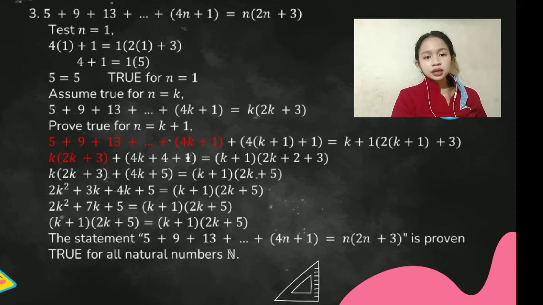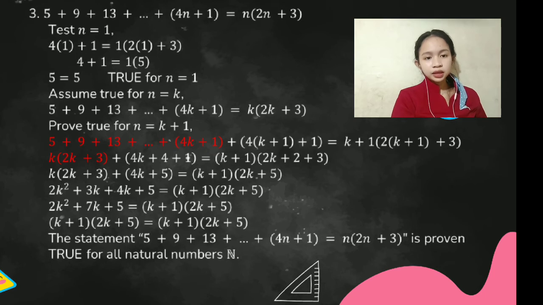So, k, the quantity of 2k plus 3 plus 4k plus 4 plus 1 is equal to the quantity of k plus 1 and the quantity of 2k plus 2 plus 3. And then k, quantity of 2k plus 3 plus quantity of 4k plus 5. You add it to the above. And then equals k plus 1 and 2k plus 5.